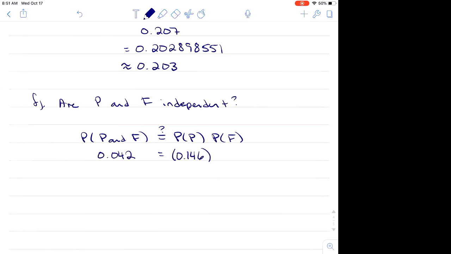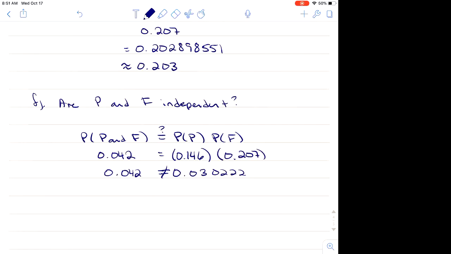And the probability of F, the general probability of just speaking a foreign language at home, regardless of how much money you make, is 0.207. 0.146 times 0.207 is 0.030222, which is not equal to 0.042, right? Meaning they're not independent.